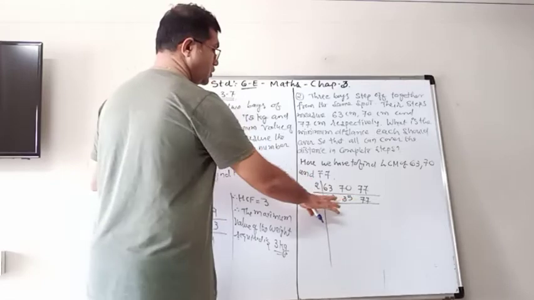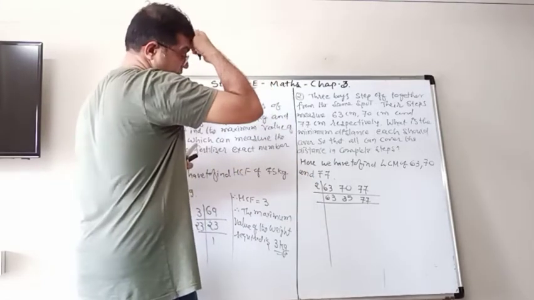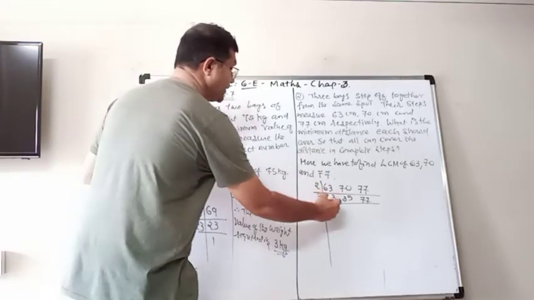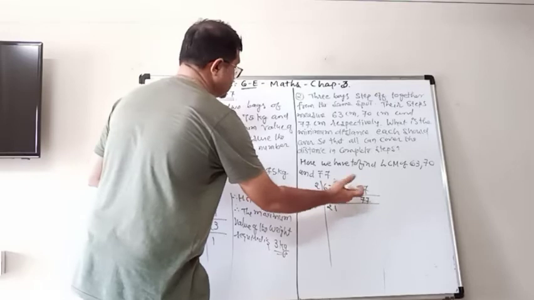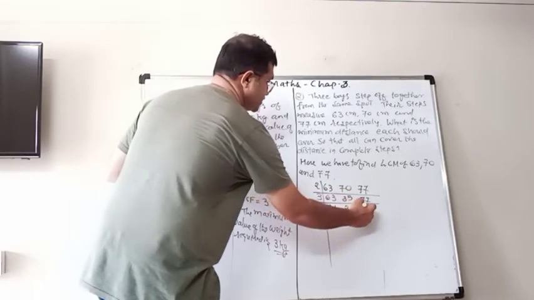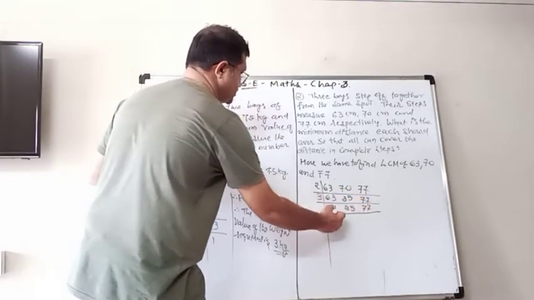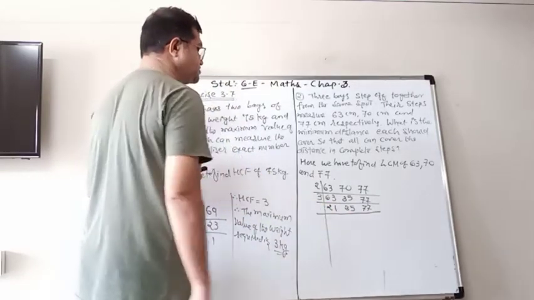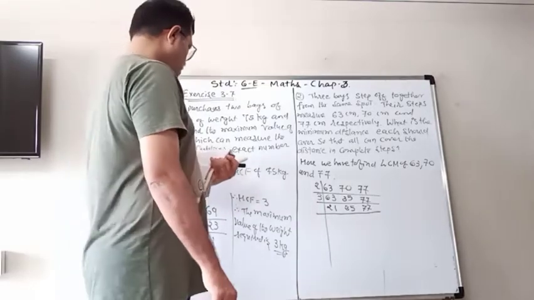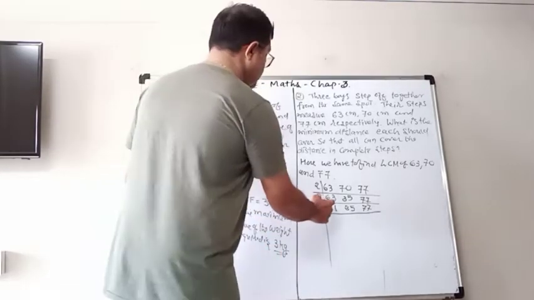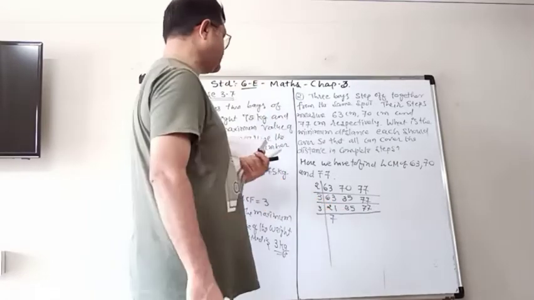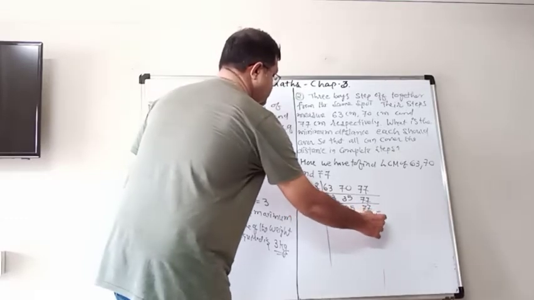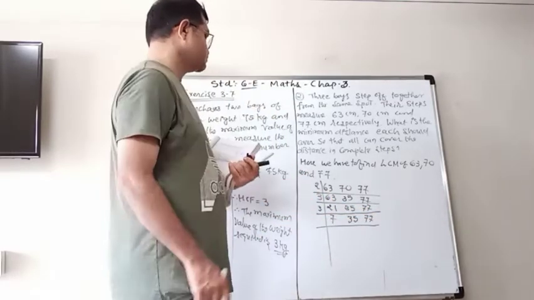Now the number 63 is divisible by 3. So we will write down here 21 3s, but 35 is not divisible by 3, and 77 is also not divisible by 3. Again 21 is divisible by 3, so we write down 3 7s are 21, but 35 and 77 are not divisible.